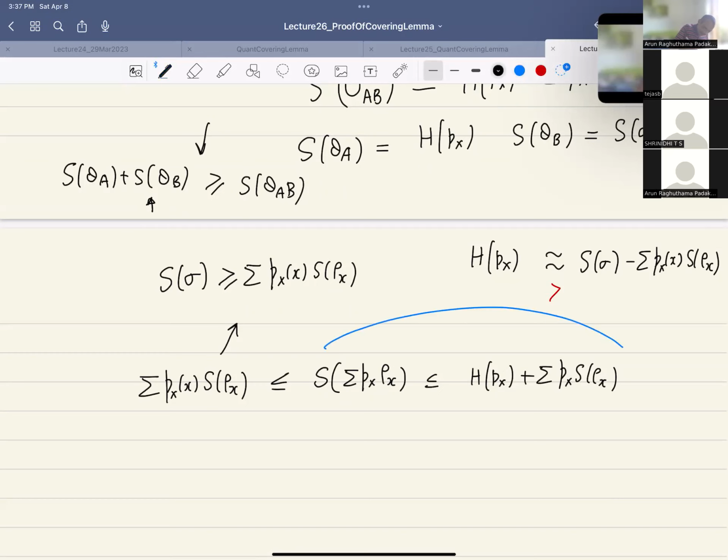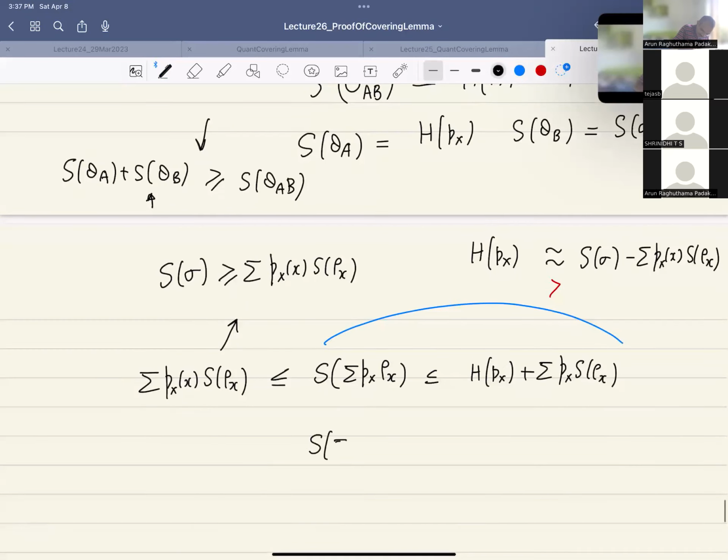If you look at this, you see that S of sigma minus Px of x, S of rho x is less than or equal to H of Px. And this equality holds if all the rho x's are orthogonal. That also we showed.